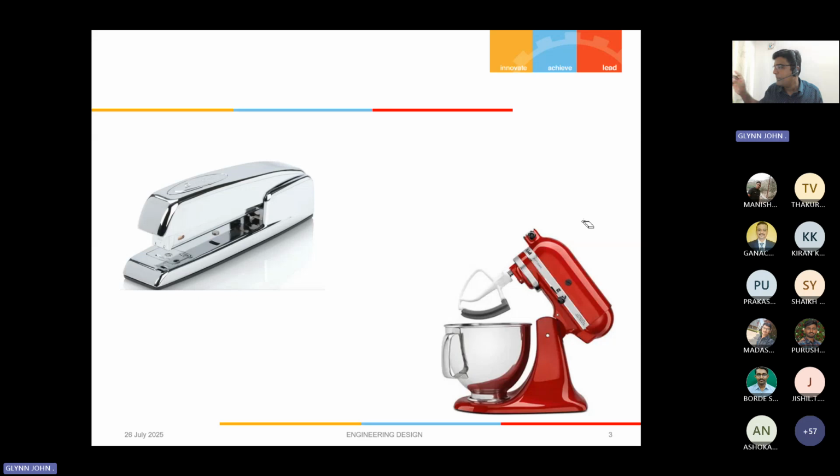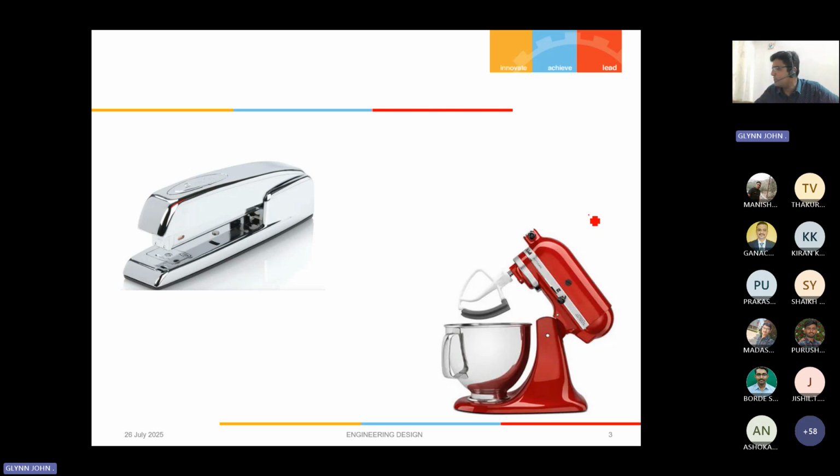Then beyond that, if you look at this particular object, it looks nice, right? It looks attractive from the appearance perspective. If you just look at it as an object, it is not something which is crude or ugly, right? It is very nice with smooth corners, very polished surfaces. It's an attractive product.